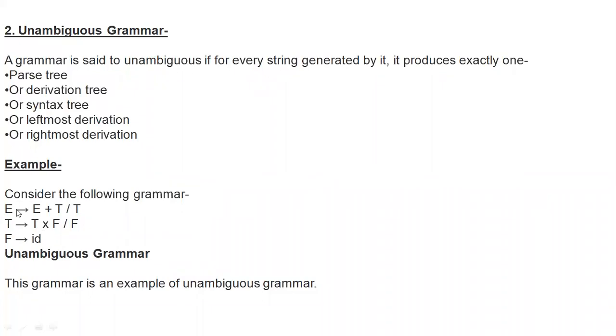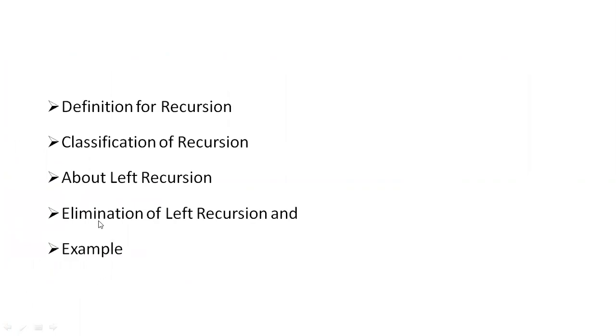And please note this rule, T tends to T star F or F. And by seeing this, you can easily identify the rule consisting of a left recursion. How? The right-hand side variable is T, and after the arrow the first appearing variable is T. So this rule consists of a left recursion problem, so we need to eliminate it, right?